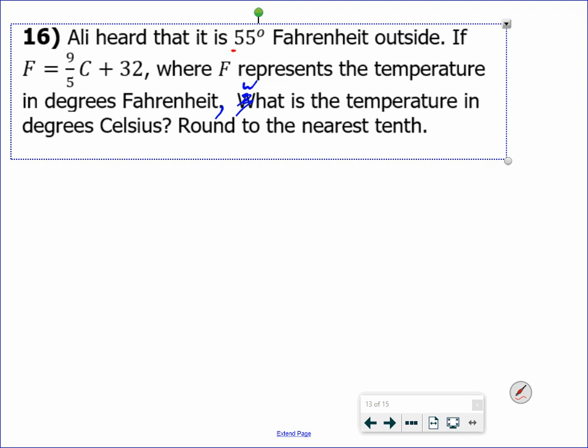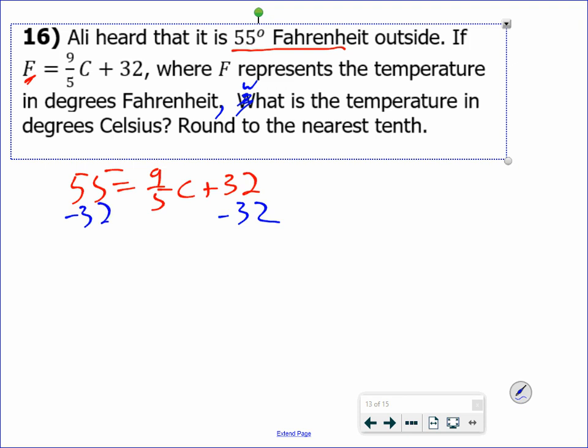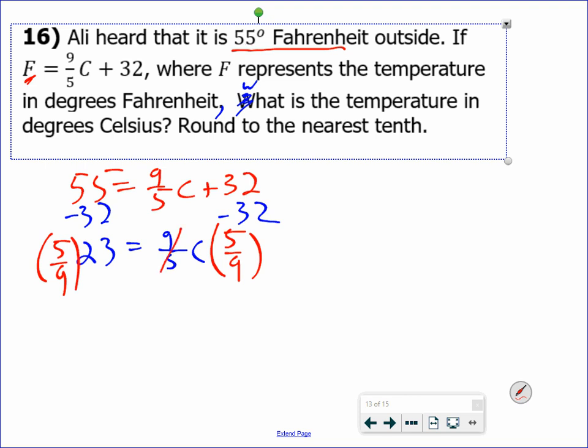So they give us 55 Fahrenheit, so we'll plug that in for F. So I'll get 55 equals 9/5 C plus 32. So I'm going to have to subtract 32 from both sides, and I will get 23 equals 9/5 C. And if I want to clear that fraction, I just multiply by the reciprocal. Those cancel.